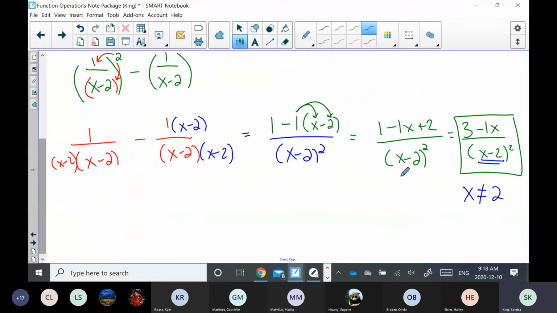Because they had the same domains, the domain is going to remain x cannot be equal to 2, but other than that, x belongs to the set of real numbers. So if you were to type this into your calculator and graph this, you would see x could be any number except there's going to be an asymptote at 2. Okay.